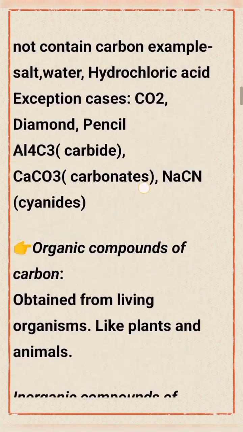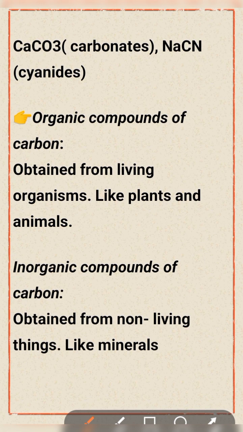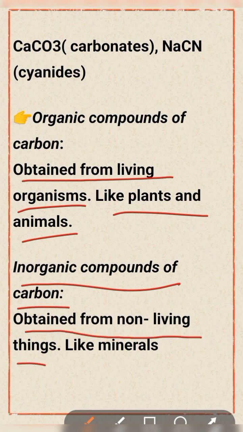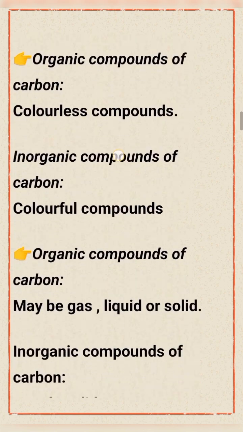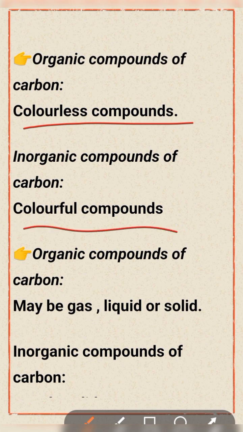Next point: organic compounds of carbon are obtained from living organisms like plants and animals, but inorganic compounds of carbon are obtained from non-living things, like minerals. Next point: organic compounds of carbon are colorless, but inorganic compounds of carbon are colorful.